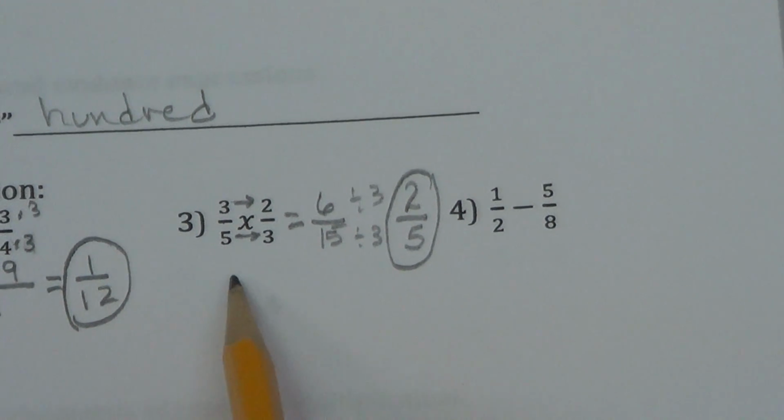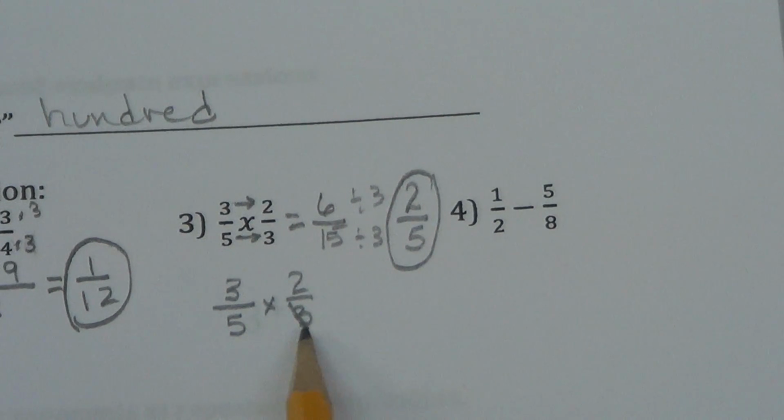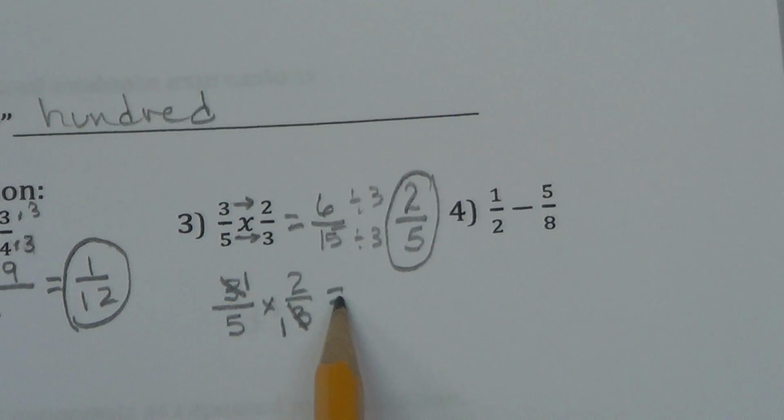Now, if you wanted to reduce before you multiply, you can. It'd be 3/5 times 2/3. We reduce a 3 there goes once, a 3 there goes once, and we have the 2/5 like that. Either way is acceptable.